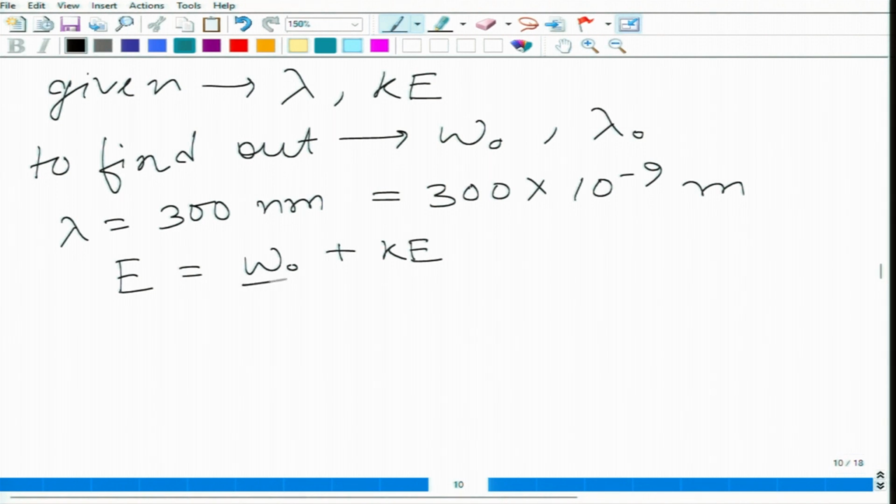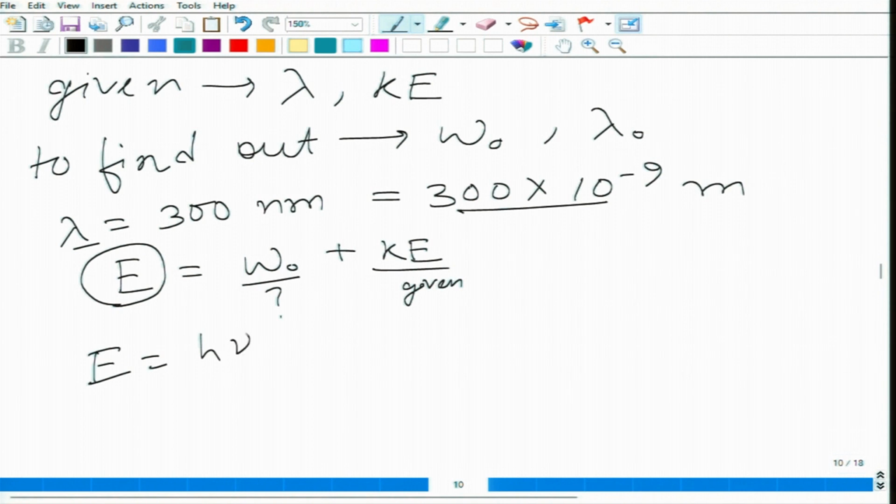So we need to find out work function. Kinetic energy is given. So we need E now. How will we find out E? If we have the wavelength, E equal to h nu, right? We don't have the frequency, we have the wavelength. So how can we write it in terms of wavelength? We can write hc by lambda, because nu equal to c by lambda.